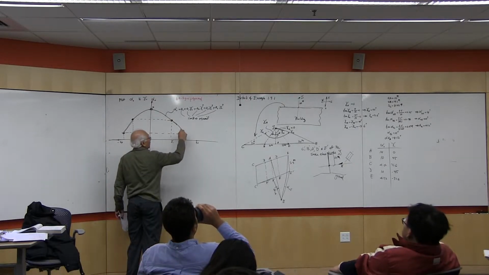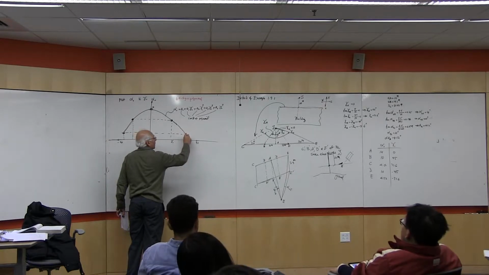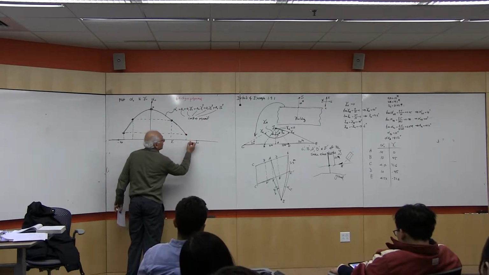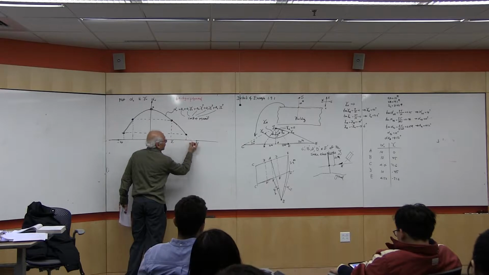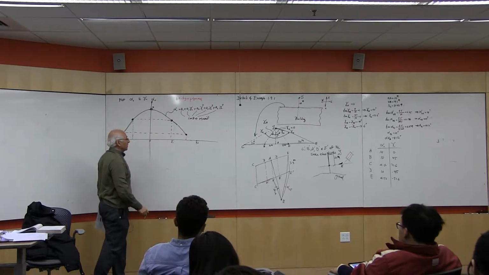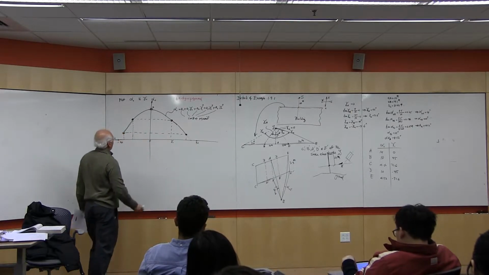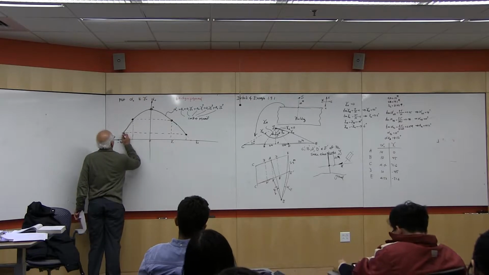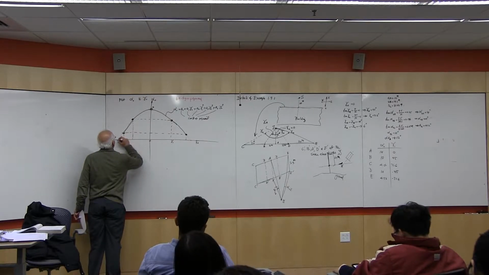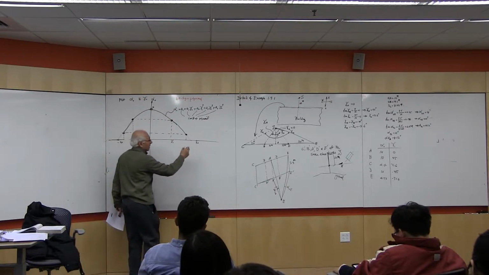So once you have the polynomial, you extend it until you find the point that the polynomial hits this. So you have the endpoints as well.